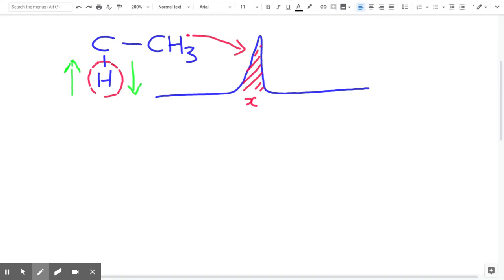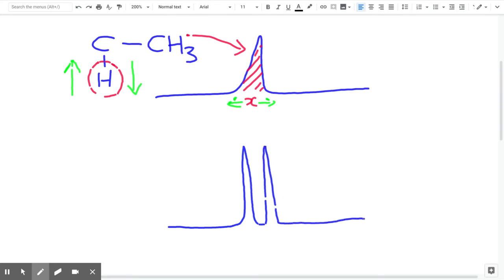What that then does is either push or pull the magnetic field to a slightly higher reading or a slightly lower reading. The key thing is that the average is still centered around the same point.